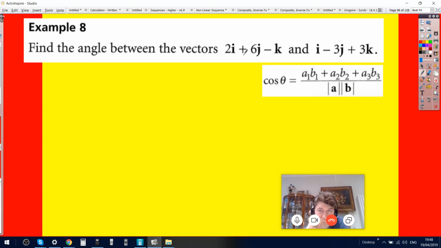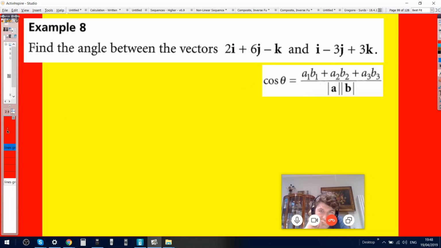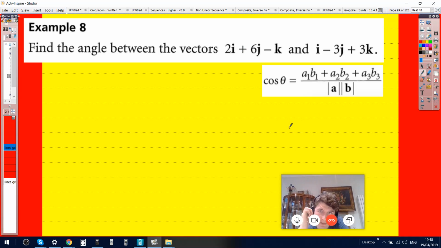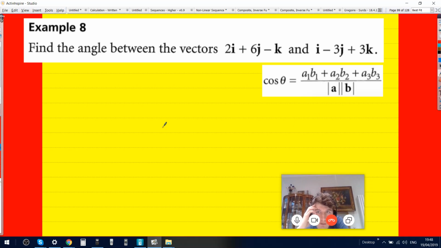Okay, find the angle between these two vectors. So to find the angle, we're doing A dot B. So that's 2 minus 18 minus 3, so that's just minus 19.